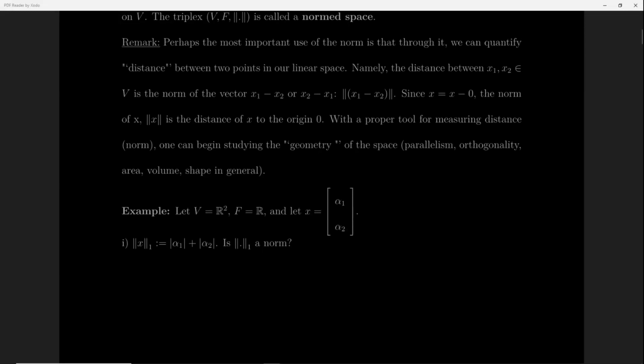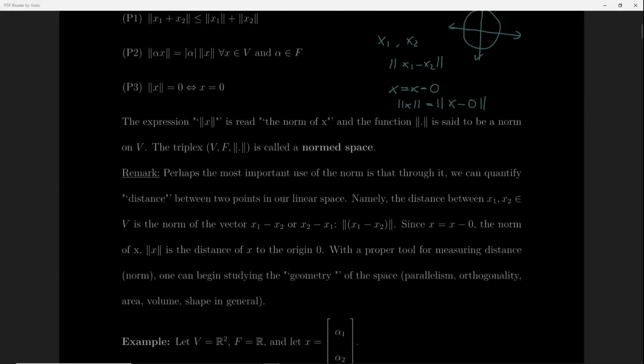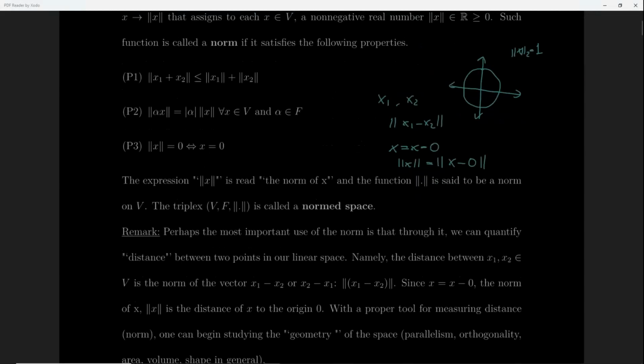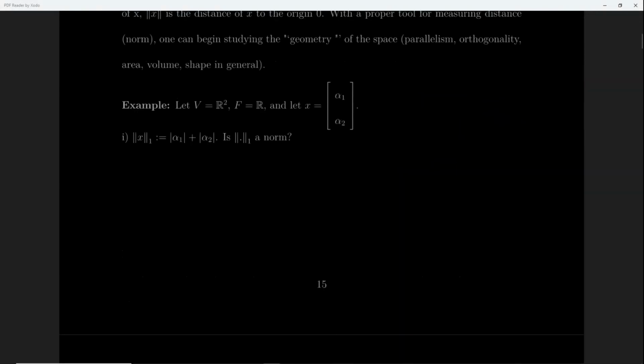And the question is: is that thing a norm or not? So for this definition to be a valid norm definition, it needs to satisfy three properties, P3, P2, and P1. Okay, so let's start with the last one, let's say P3.